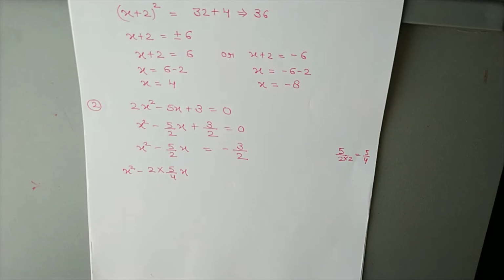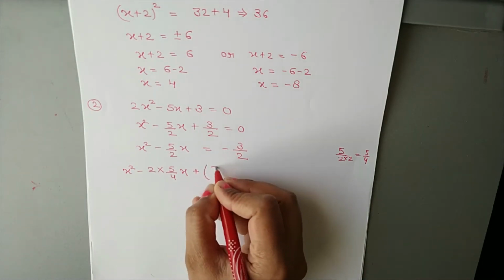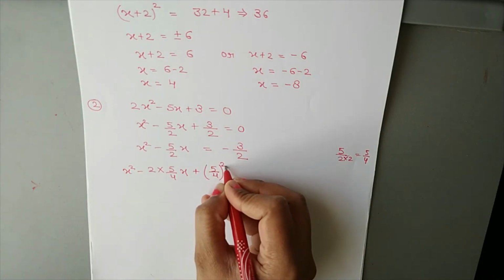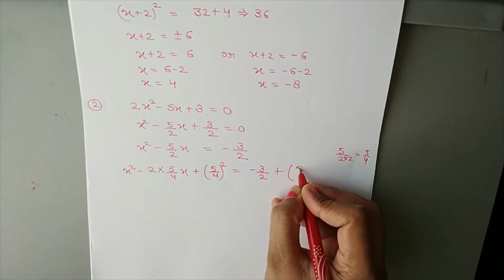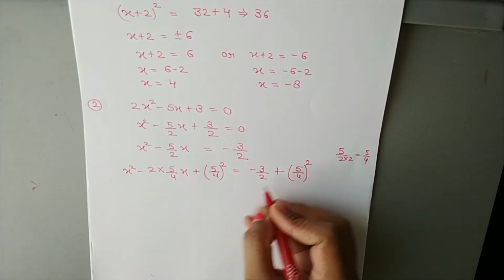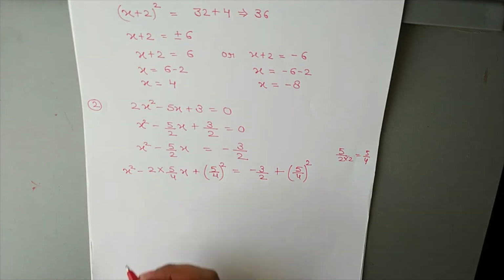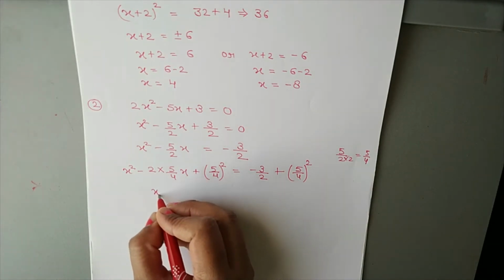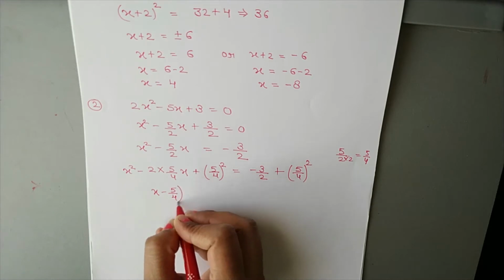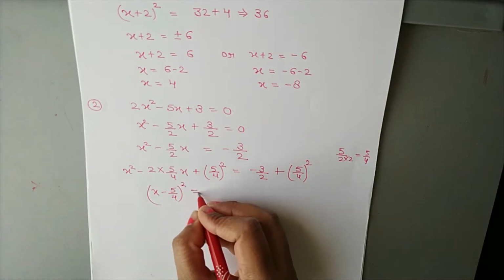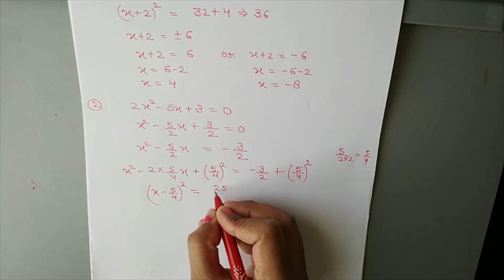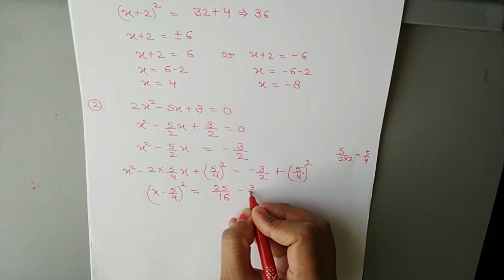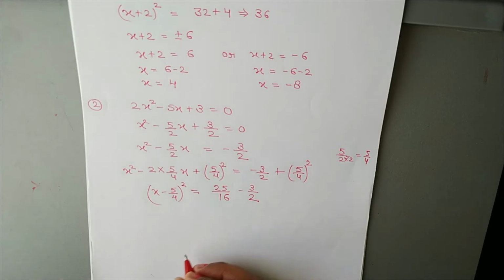It means we have to add 5 upon 4 whole square on both sides, so it is equal to minus 3 by 2 plus 5 upon 4 square. So it will become x minus 5 upon 4 whole square is equal to 25 upon 16 minus 3 upon 2.